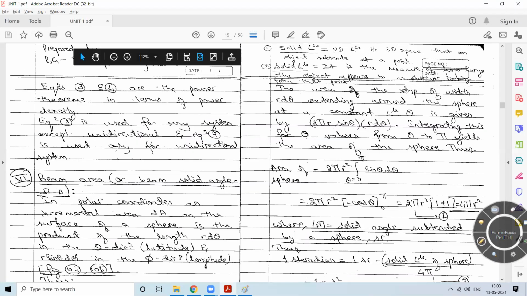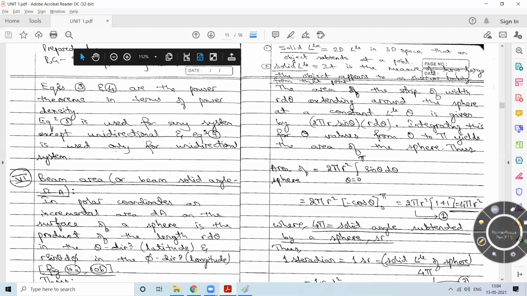For example, I took the example of how big the Sun appears, which is given by the solid angle subtended by that object, the Sun. If I have to define it in another form, I can specify that it gives you the measure of how large the object appears to an observer who is looking from that point.